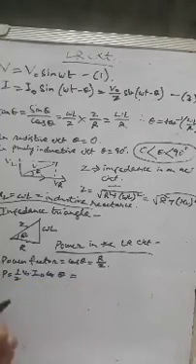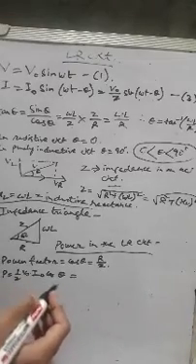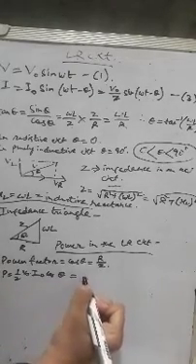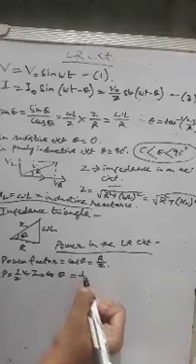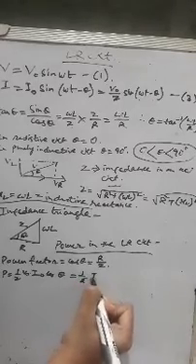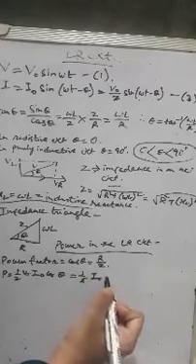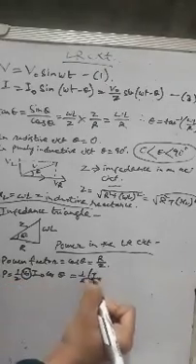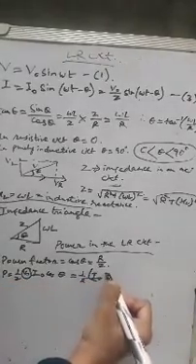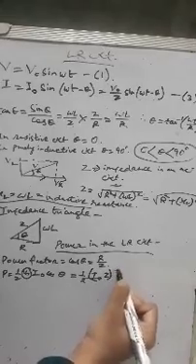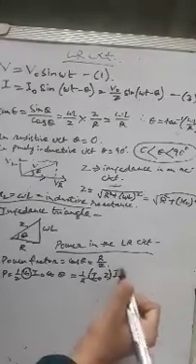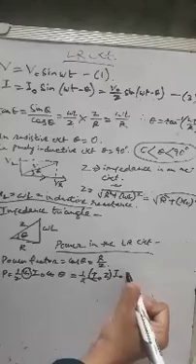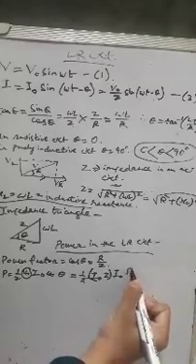Let us put the value of cos theta here. One thing, students: this V naught part I'm writing as I naught Z, and the rest the same, by putting the value of cos theta.